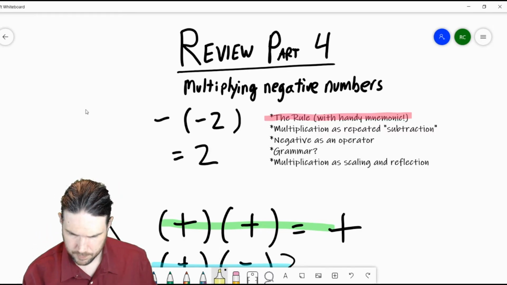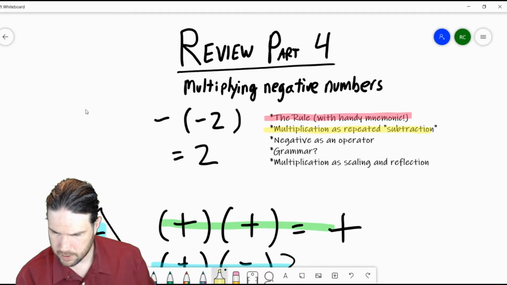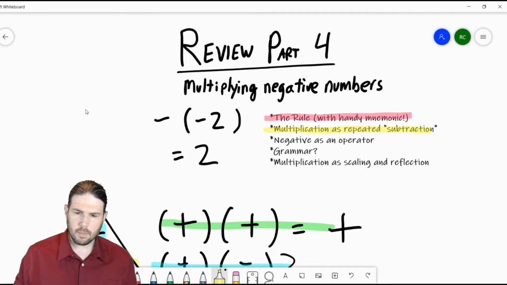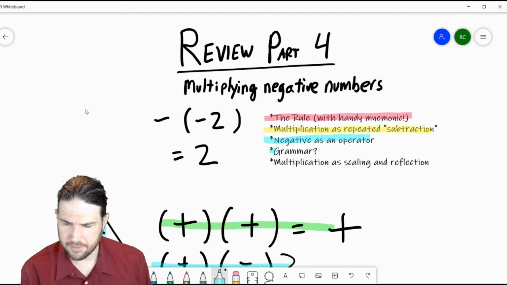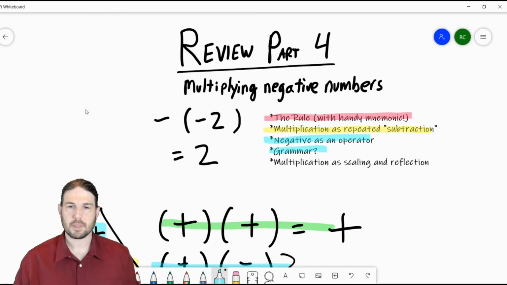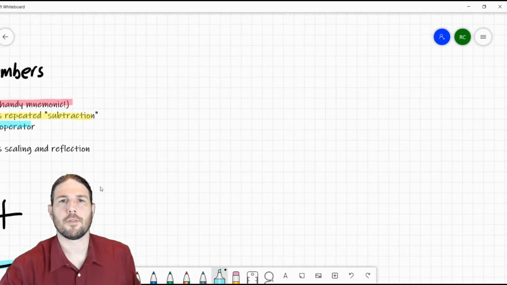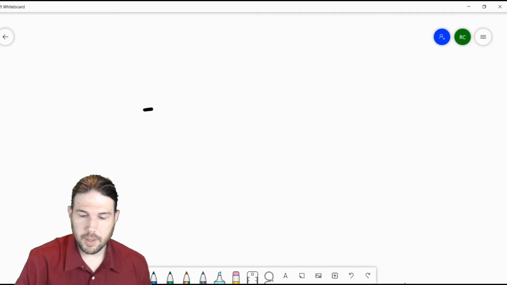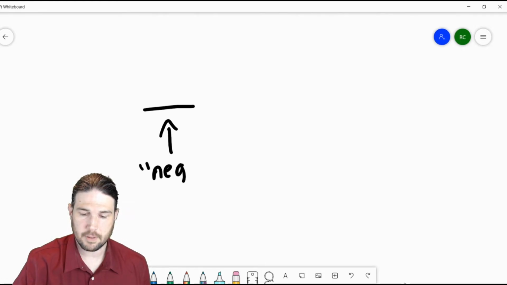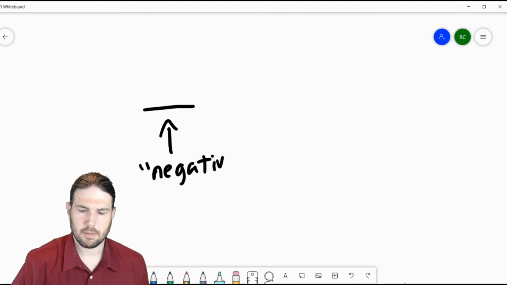So let's see. We did multiplication as repeated subtraction. That was good. Let's talk about these two sort of together, negative as an operator and grammar. I'm going to move over to the right side here. In order for this to make sense, we're going to stop looking at the negative sign as negative. Stay with me.